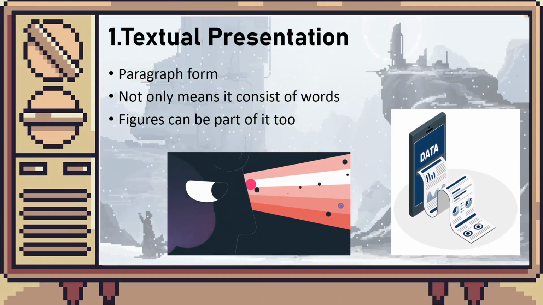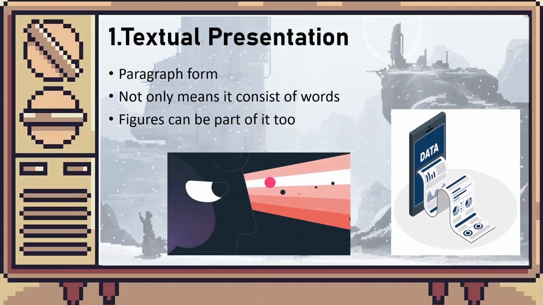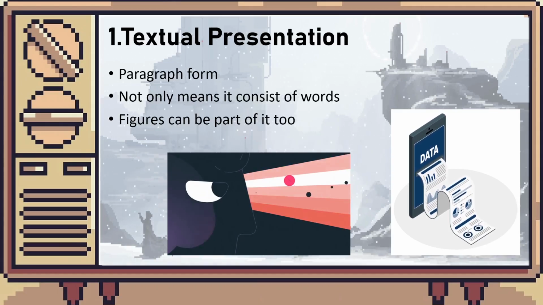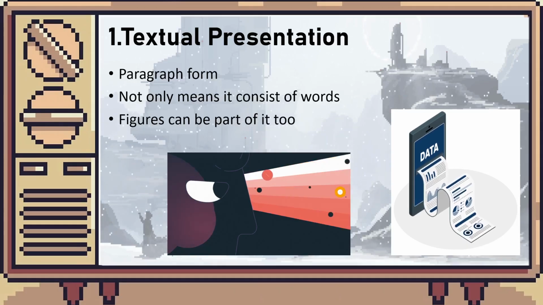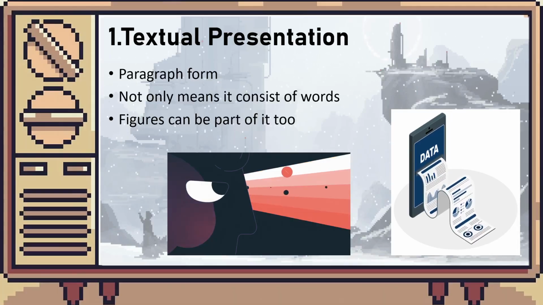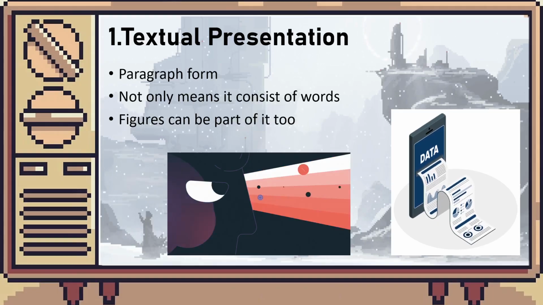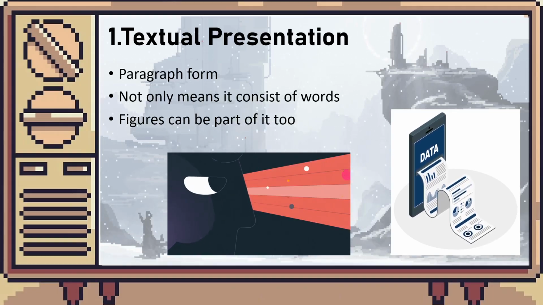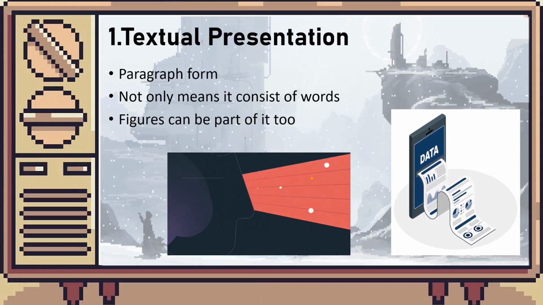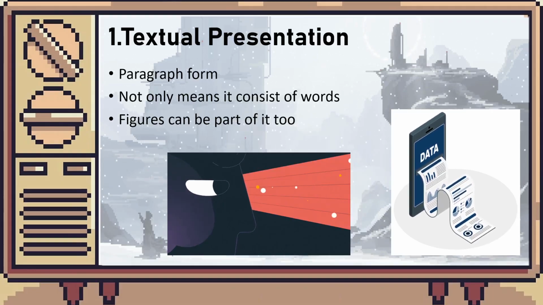Okay. So we have here the first method, which is textual presentation. It is in paragraph form. It not only consists of words, but you can incorporate figures and numbers as well. But for the most part, the main advantage of textual presentation is that you can describe things. They would be able to align themselves with your way of thinking because you are writing it from your perspective as well.